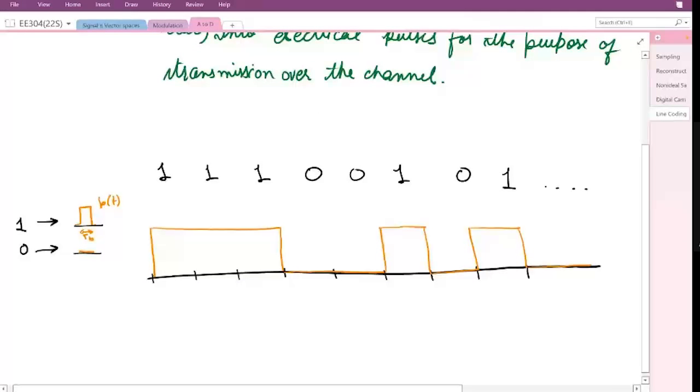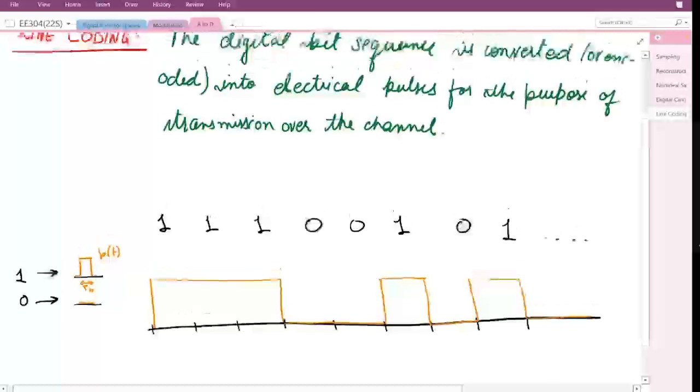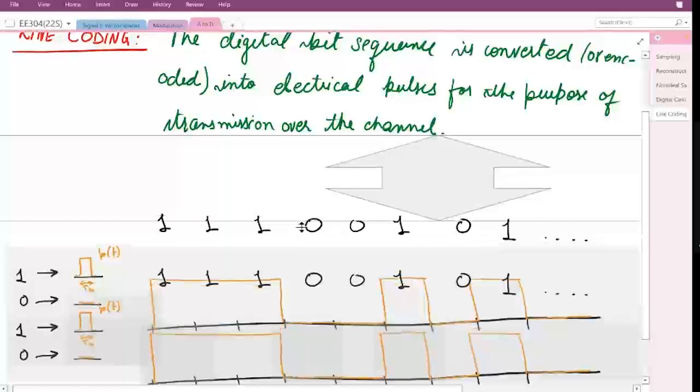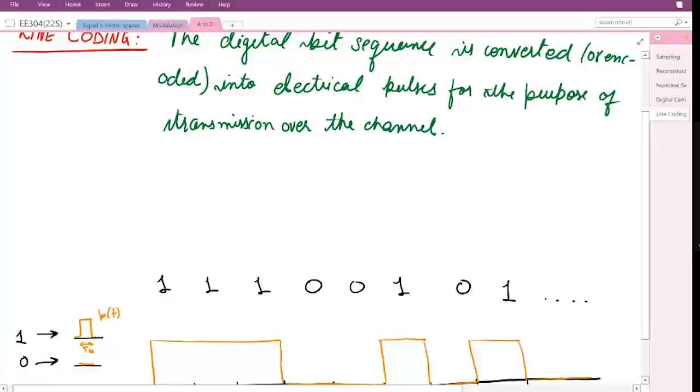Okay, like this. So now if I actually see where this is going to fit in, this is basically done before digital carrier modulation. Why?